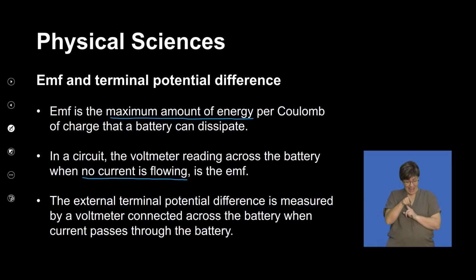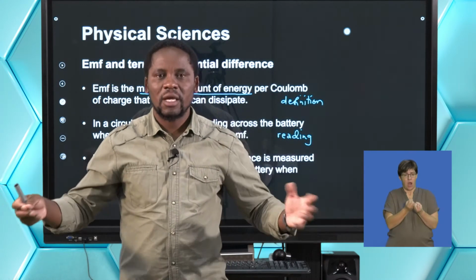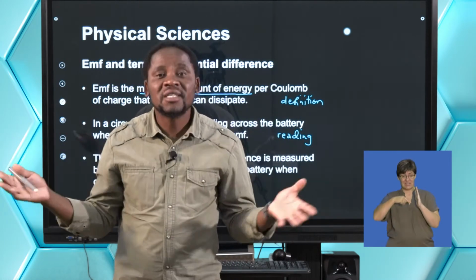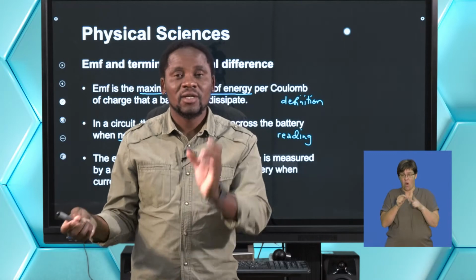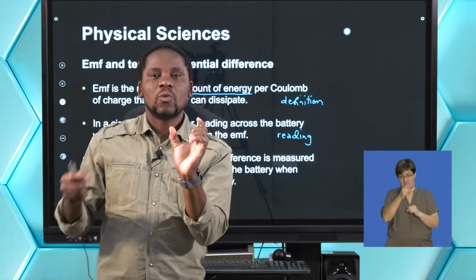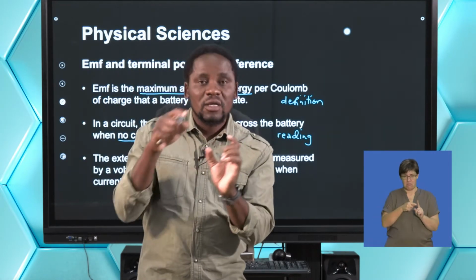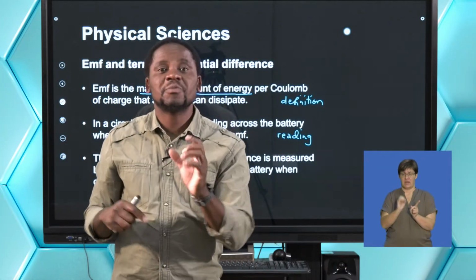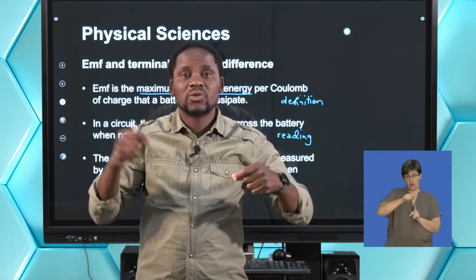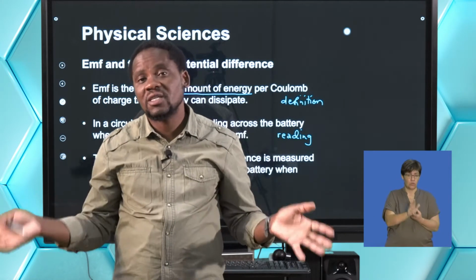Take note, this is the definition of EMF, while this one is the reading. We need to distinguish between the two. The definition is what the quantity is, and the reading is the measurement of that quantity. So in an open circuit, when there is no current flowing, the reading of the voltmeter connected across the source gives us an indication of the EMF.